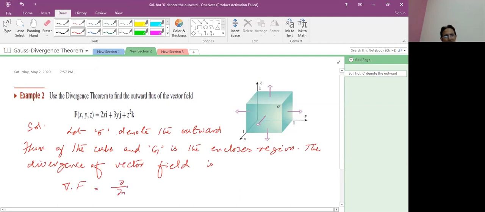Del is del over del x i plus del over del y j plus del over del z k, applied to the function f of x, y, z. So we write here 2x i plus 3y j plus z square k.